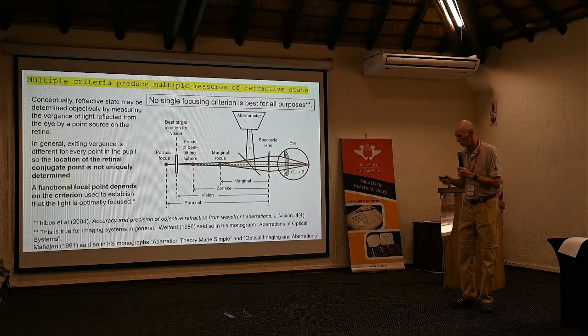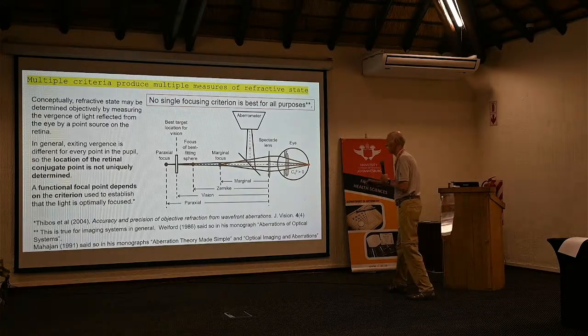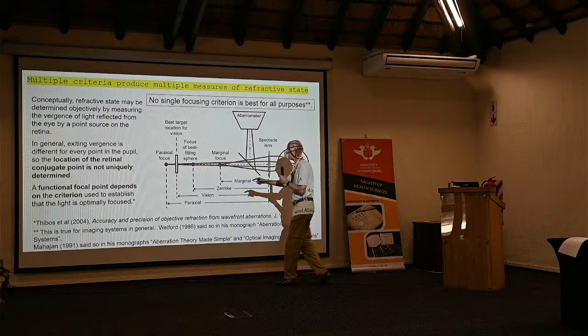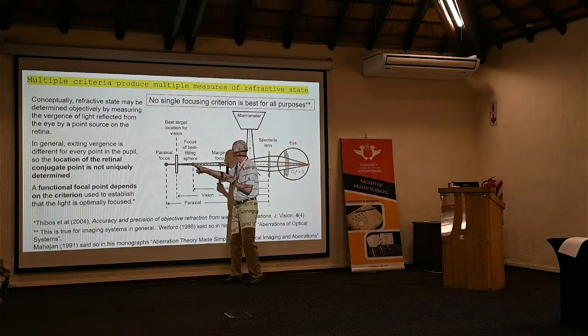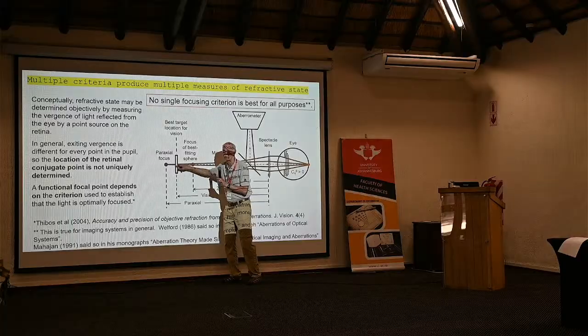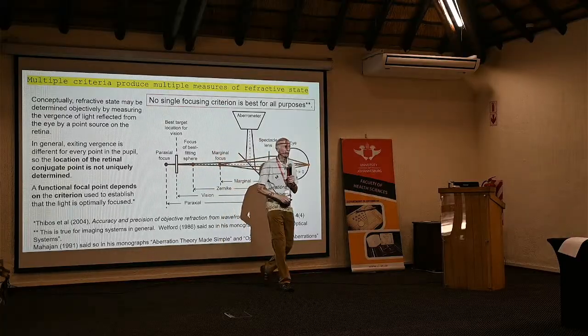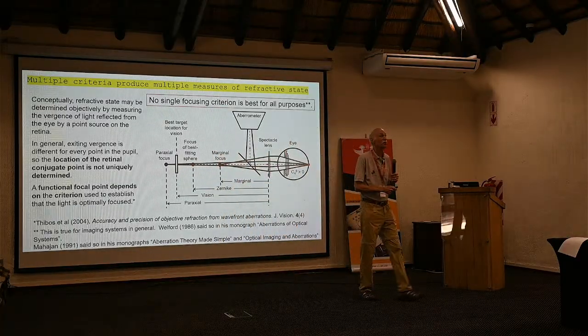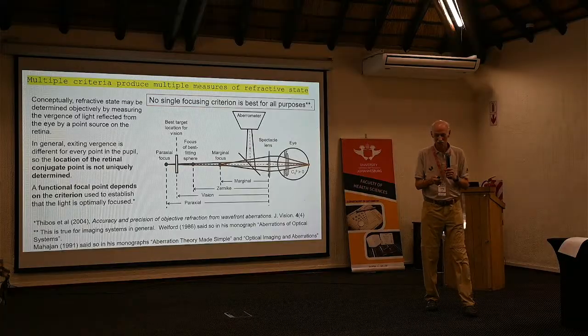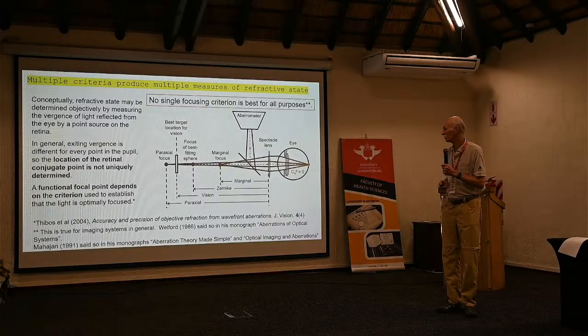It might do a better job. I didn't have it in this diagram because there are just too many of them. I could have had 30 little spots in here showing you where every one of those metrics thinks the best focus is. And you have to pick the one that is closest to what the subjective is.